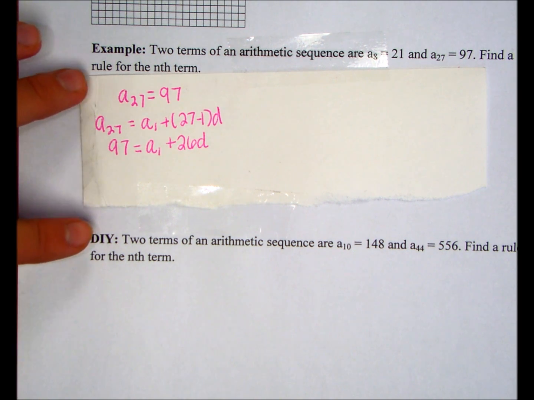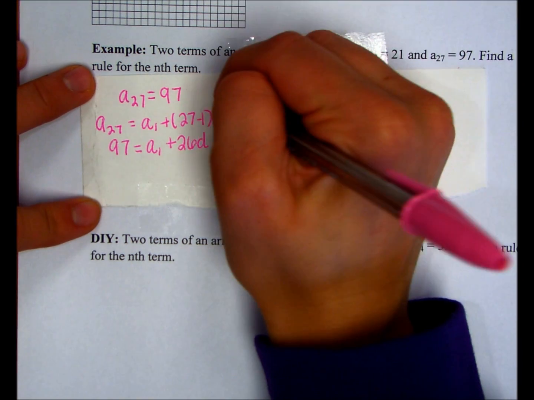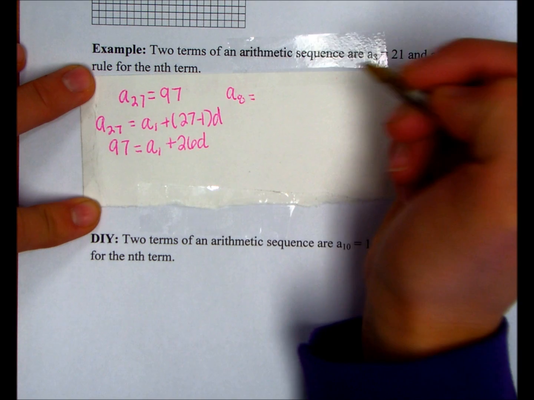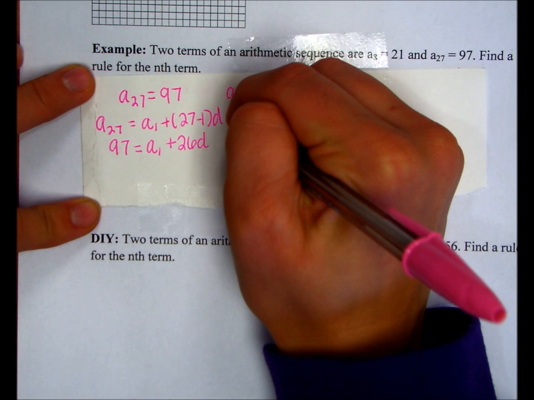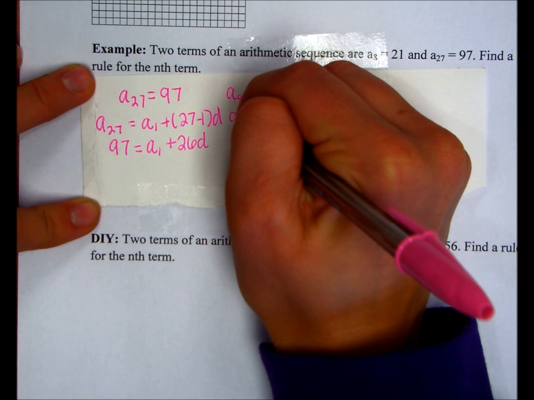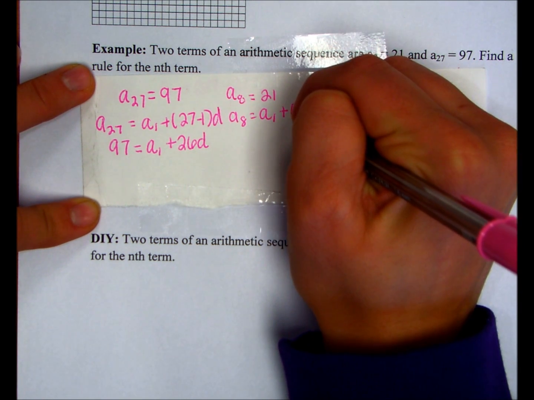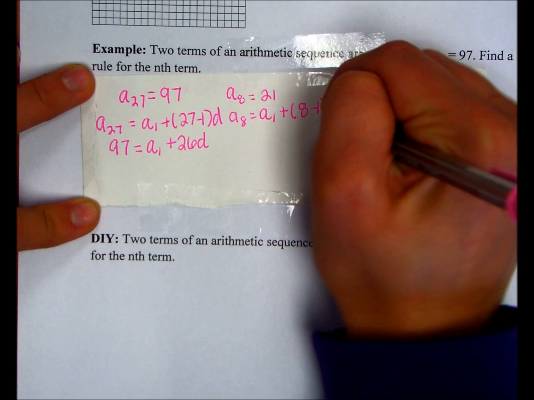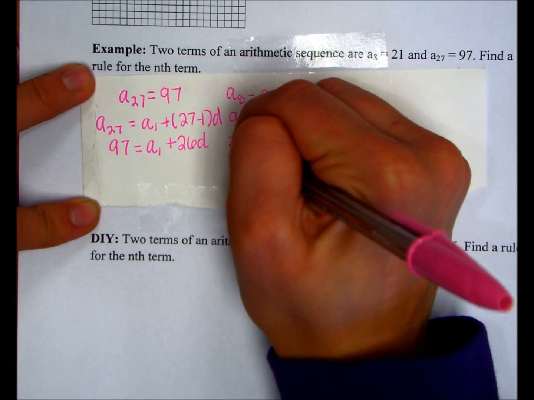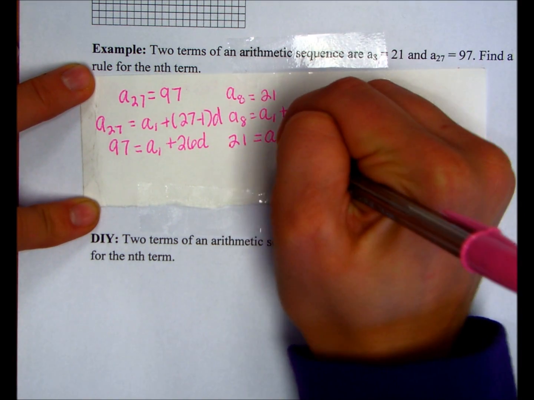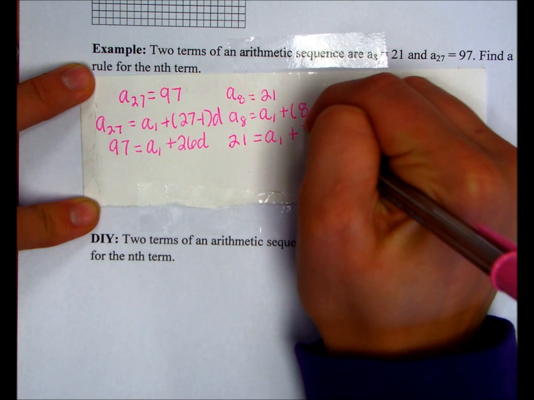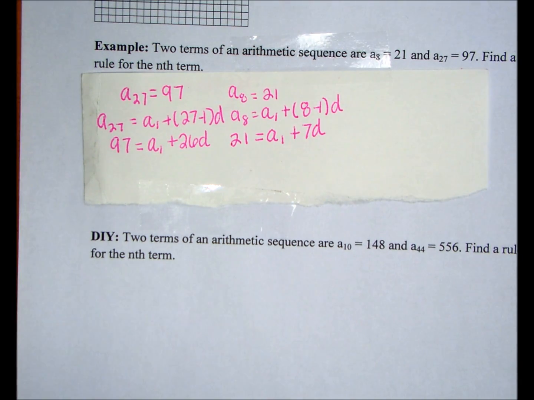Now if I do the same thing with a sub 8, which they tell me is 21, I'll have a sub 8 equals a sub 1 plus 8 minus 1 times d. So then this is 21 equals a sub 1 plus 7 times d.